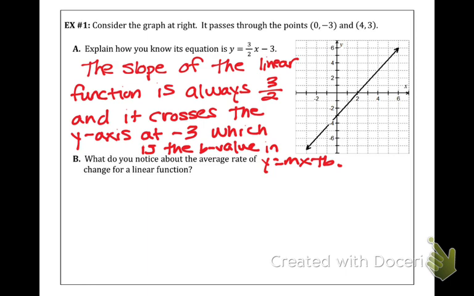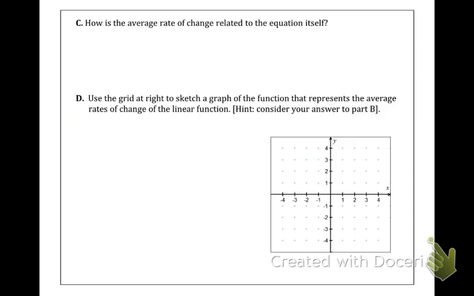For part B, what do we notice about the average rate of change for the linear function? Is the rate of change changing anywhere? Nope, so it's constant the whole entire time. It stays 3 halves the whole linear function, so the slope goes unchanged. For part C, how is the average rate of change related to the equation itself?